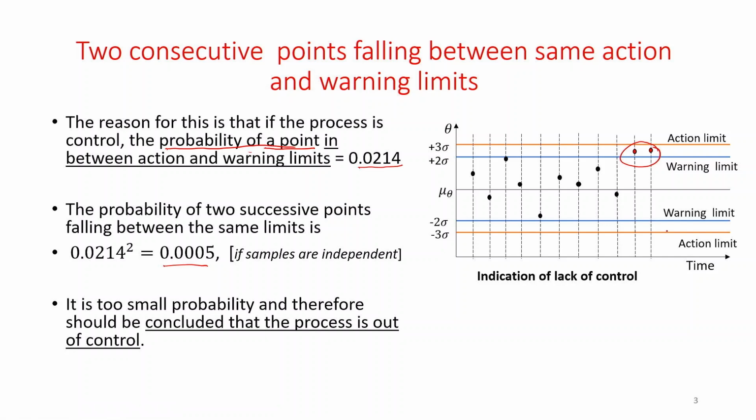Similarly, it will fall between lower warning or action limit. Anytime either falling there or falling here. These probabilities are very, very low. So we should say that it is highly likely that the process has gone out of control, even though it has not crossed the action limit.